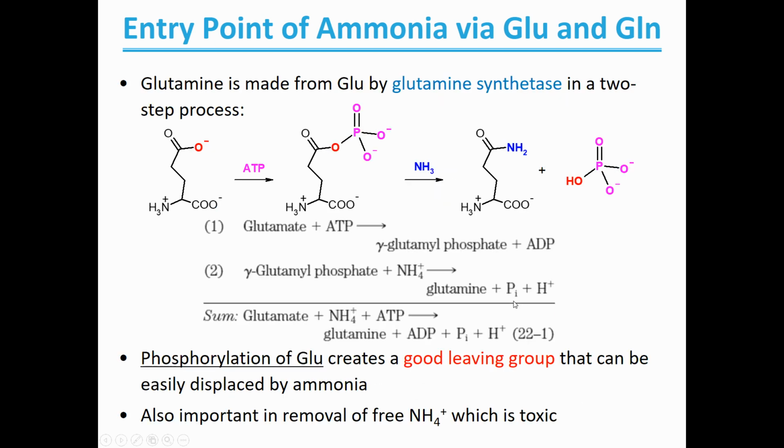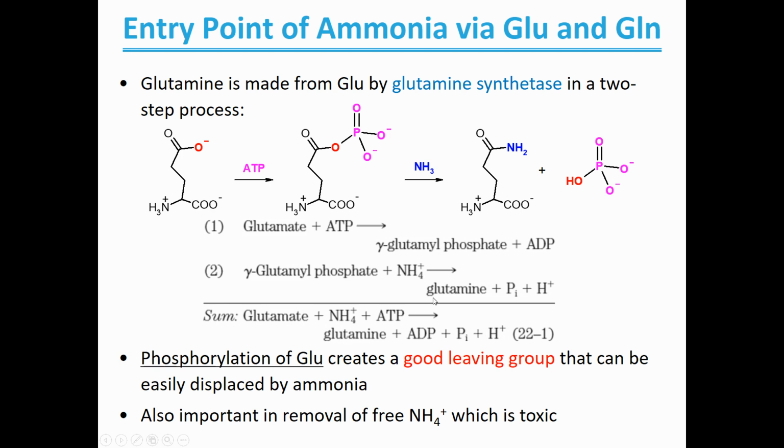The second reaction that we did mention probably a little more briefly in our discussions was the glutamine synthetase. Now this is an ATP requiring reaction in which we will phosphorylate a glutamate, providing a good leaving group so that we can then add a free amine to produce glutamine.